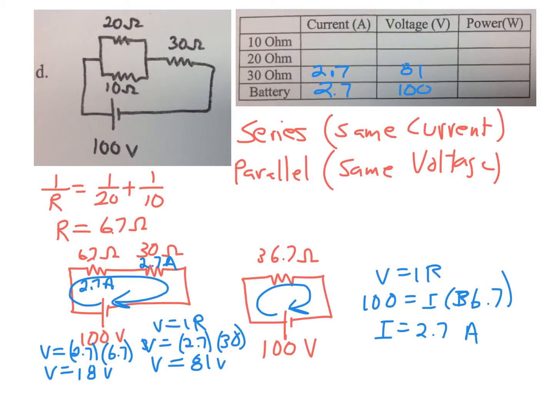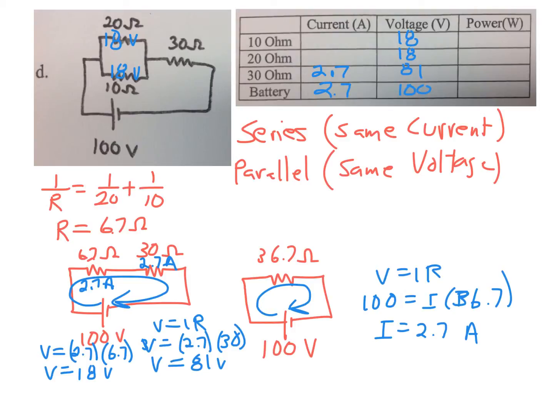You can check that this is correct, because the 6.7 ohm resistor with 18 volts is consistent with 18 volts for each of these two, because they're in parallel and they are replaced by the 6.7 ohm resistor, so they're each the same voltage. In the table, the voltage is 18 for each of those. 18 plus 81 is 100.